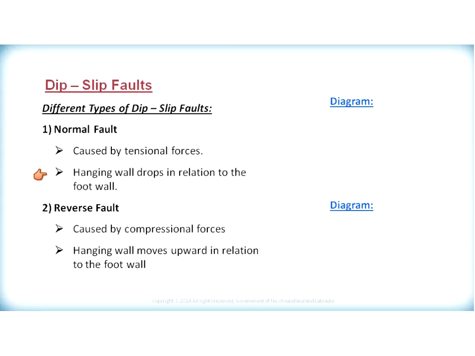Let's draw a diagram of a normal fault. When you draw a diagram of a normal fault, we can first draw the actual fault plane. And from here, we know that the hanging wall will drop down because we have tensional forces, which causes the 2 plates to move apart.